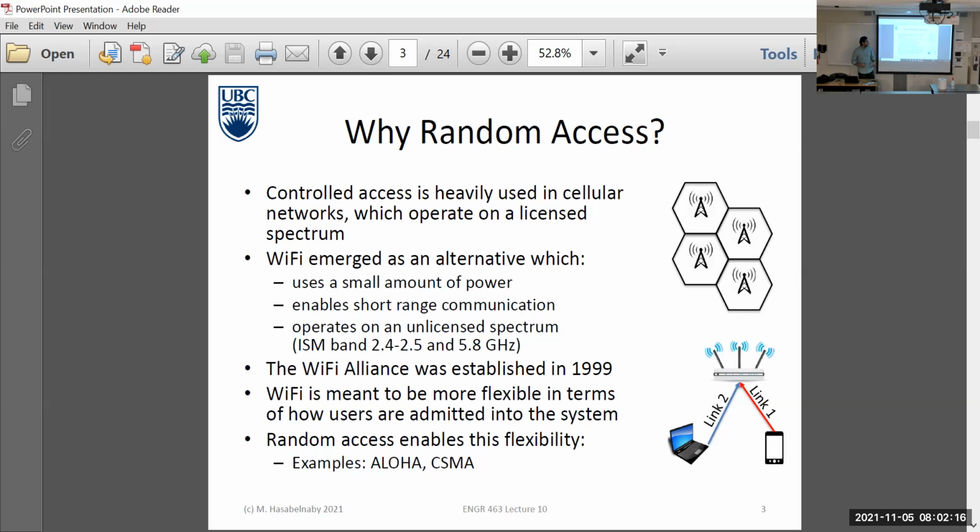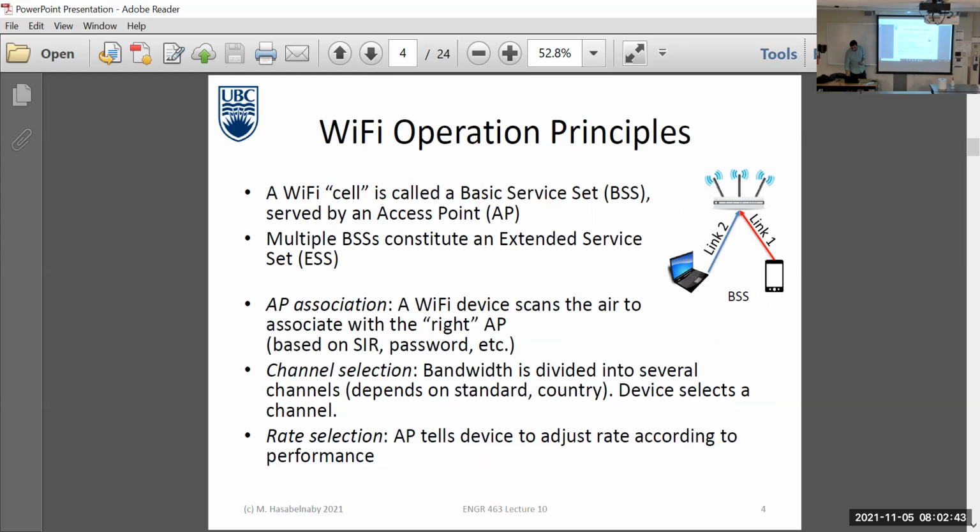Wi-Fi is used to provide communication within slightly small areas with small power, short distance, and we divided the spectrum into two types: free spectrum and licensed spectrum. Free spectrum is used in Wi-Fi, microwave, Bluetooth, Zigbee, remote control of your TV, and in many applications.